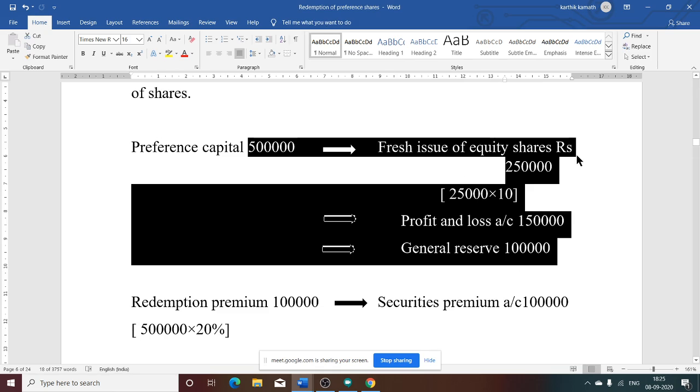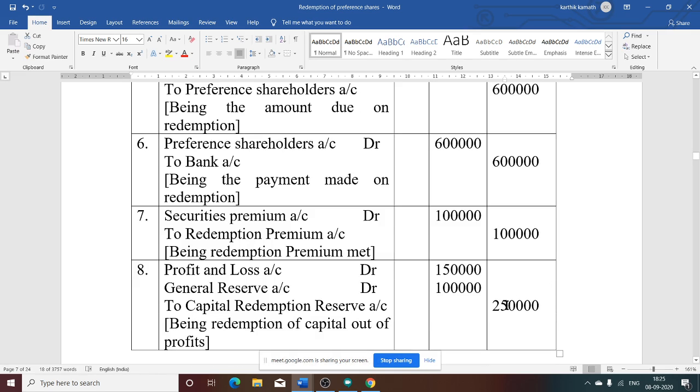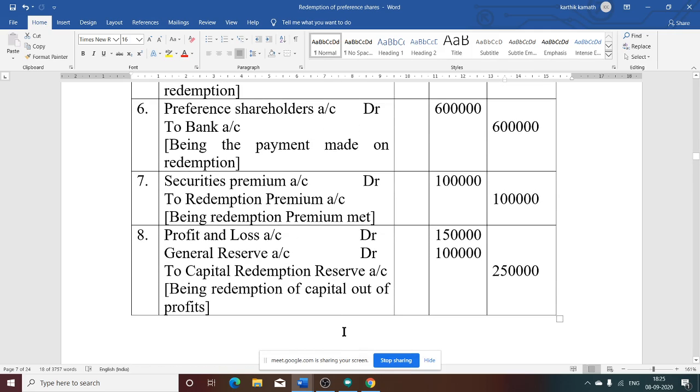Whenever you are transferring the amount to the capital redemption reserve account other than the fresh issue, that means excluding 2,50,000, the remaining amount is profit and loss account 1,50,000 and general reserve account 1 lakh. So total 2,50,000 you will transfer to the capital redemption reserve account. So profit and loss account debit 1,50,000, general reserve account debit 1 lakh to capital redemption reserve account 2,50,000, being redemption of capital out of profits, because this amount can be utilized for paying bonus shares, but bonus share information is not given in this problem.